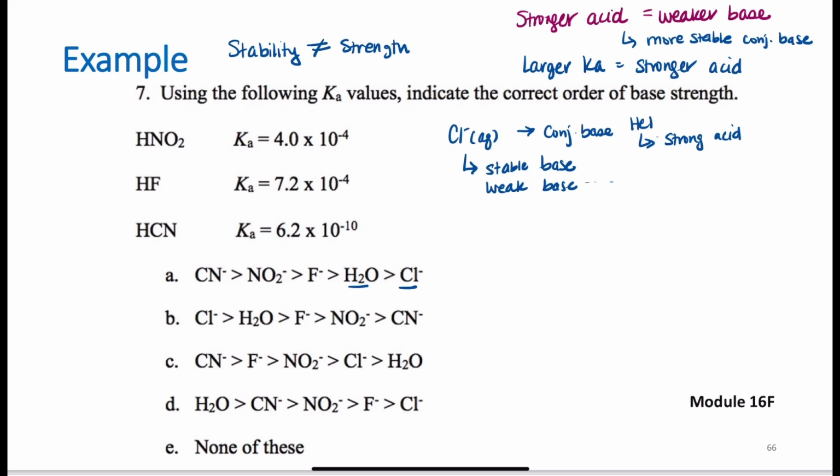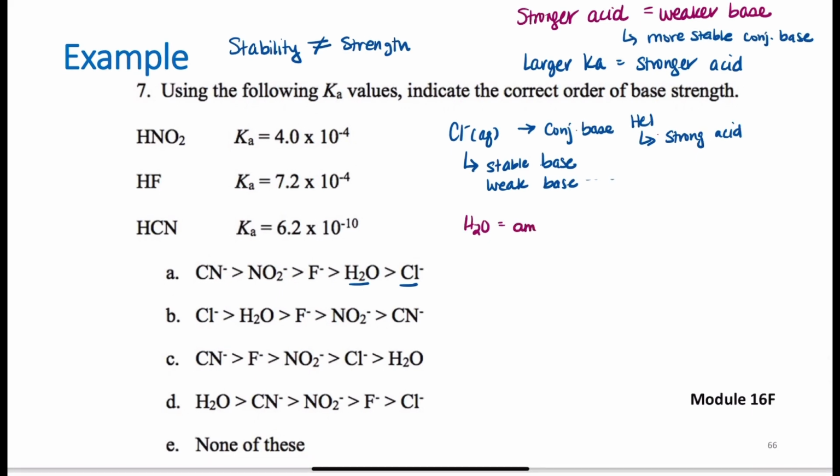Okay? I have water. Water is amphoteric or amphiprotic, meaning it acts as an acid and a base. And it will be neutral in how it's going to act. The NO2 minus is the base form here.